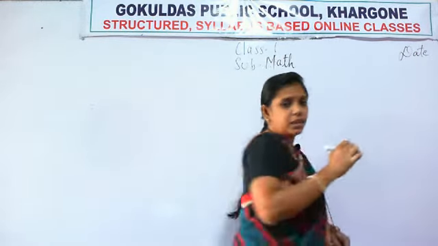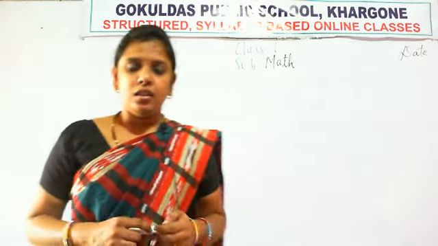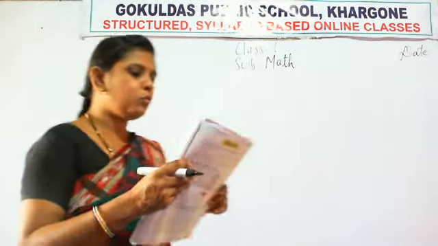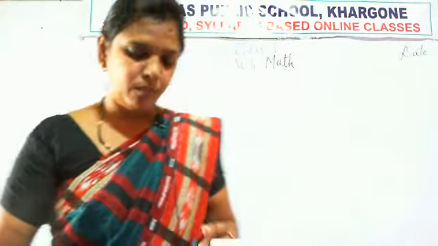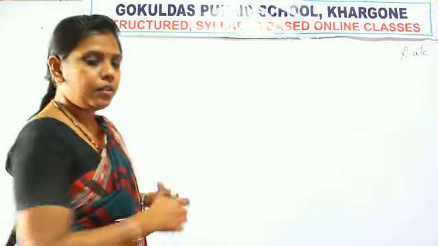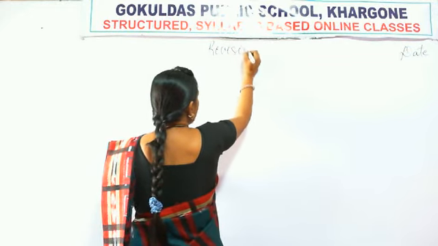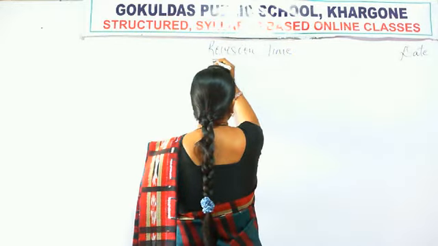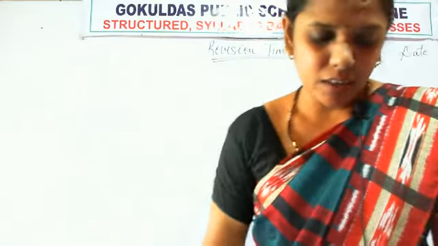Write here today's date. And write on the top of your notebook revision time, and underline it. Write date and write heading.